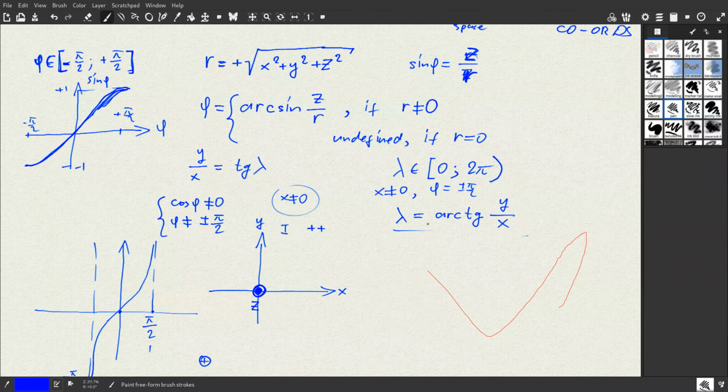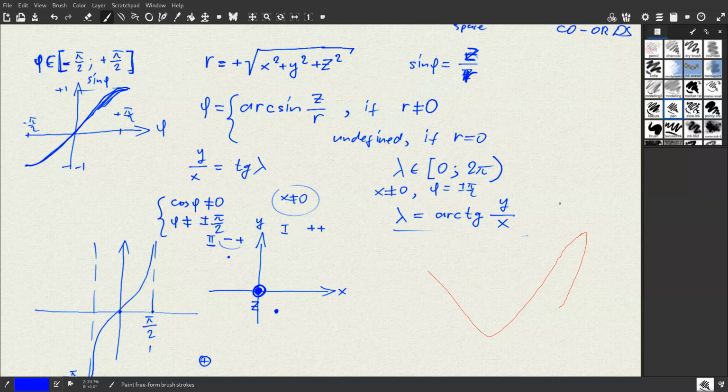Now, suppose that we're in the second quadrant, in which case x is negative and y is positive, okay? So y over x is negative. Arctangent would give us which value? It would give us a value between minus pi over 2 and 0. Therefore, it would give us a value here. Whereas in fact, we are here.